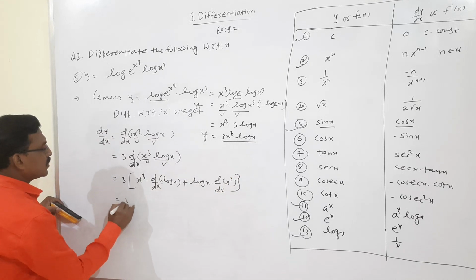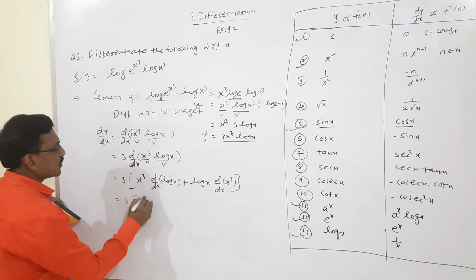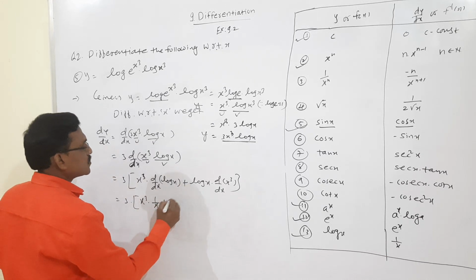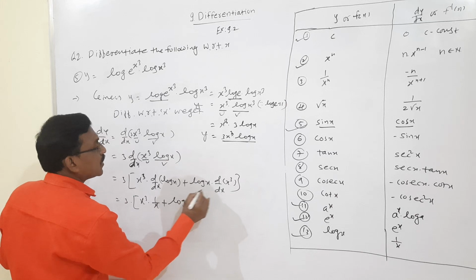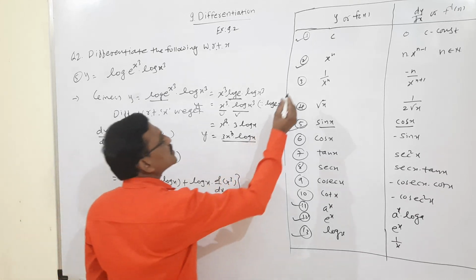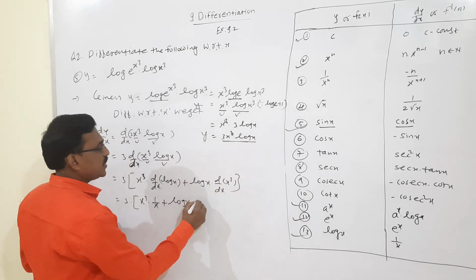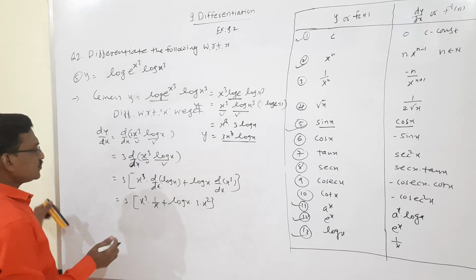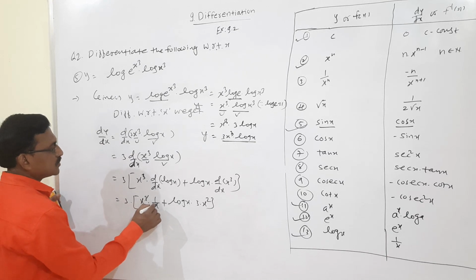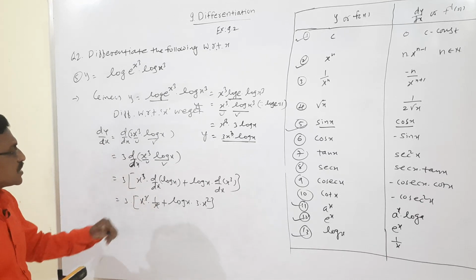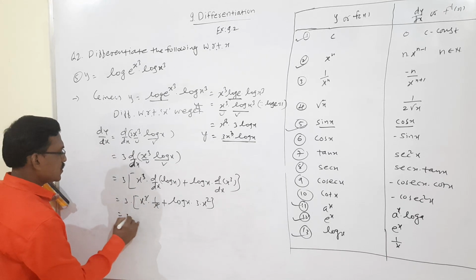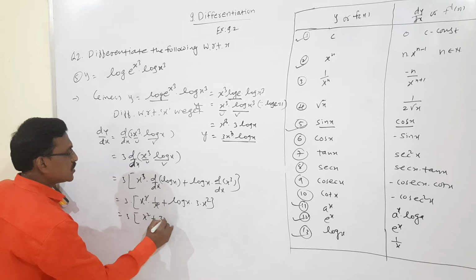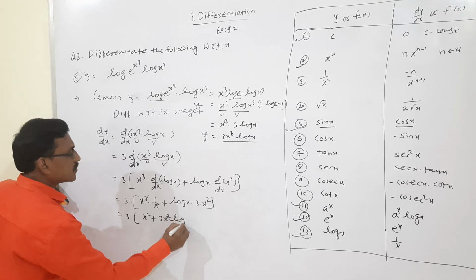So therefore it is 3 into x cube into derivative of log x, which is 1 by x, plus log x as it is into derivative of x cube, by using x raised to n, 3 into x raised to 3 minus 1, it is 2. And so therefore this x cancels out from this x cube, so it is 3 into x square, plus this 3x square into log x.